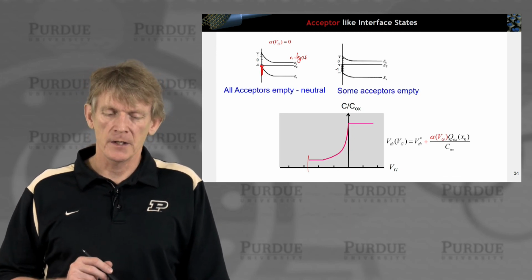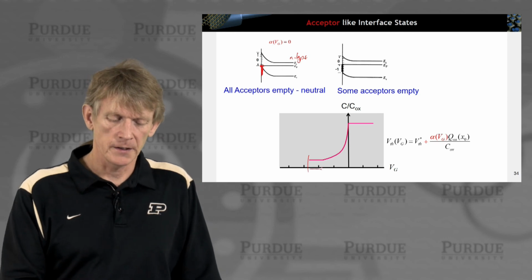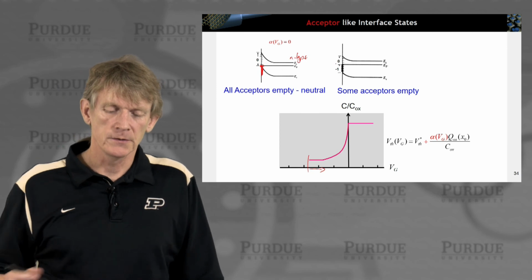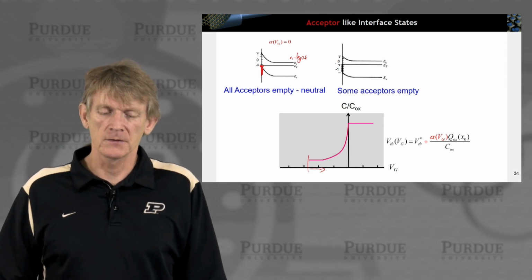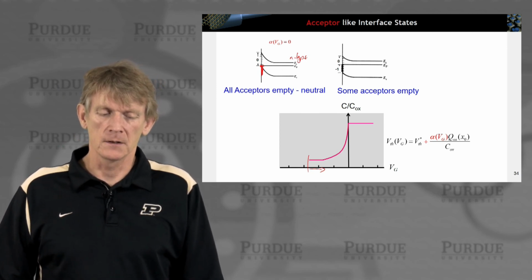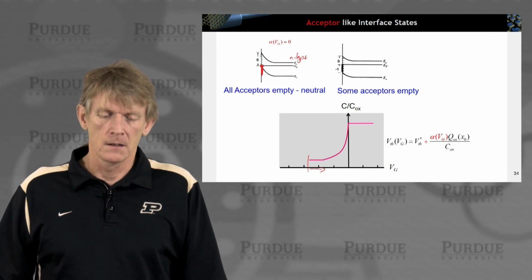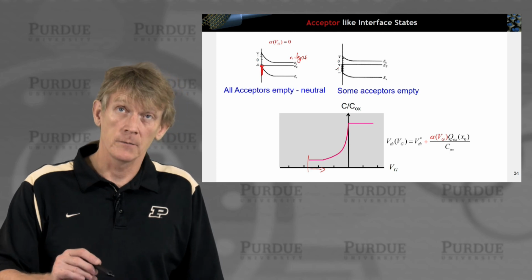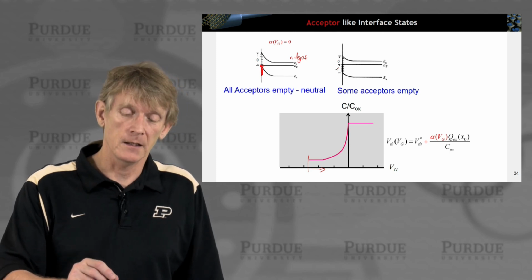Now, as we go in voltage this way, we expose some acceptors, and only some of them are empty. And others have accepted electrons, right?